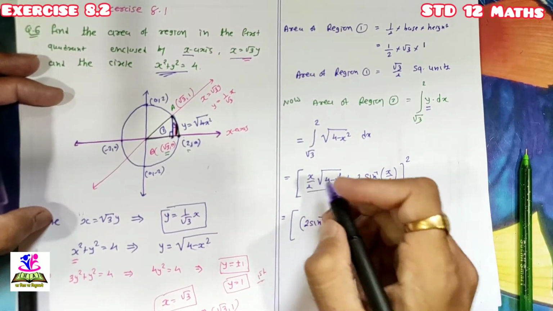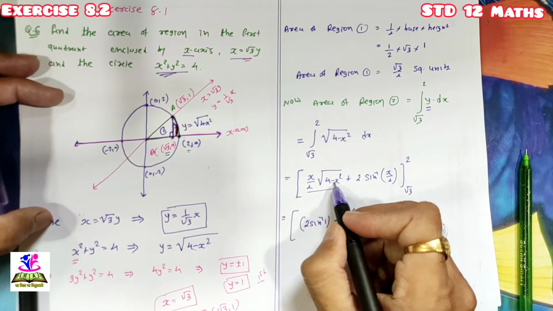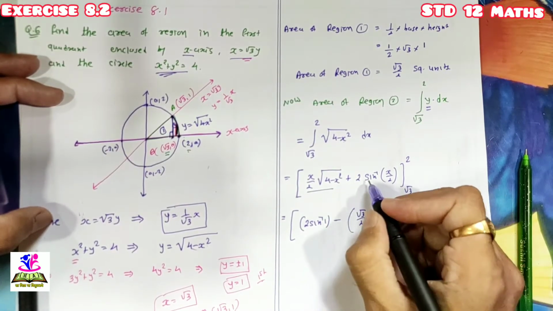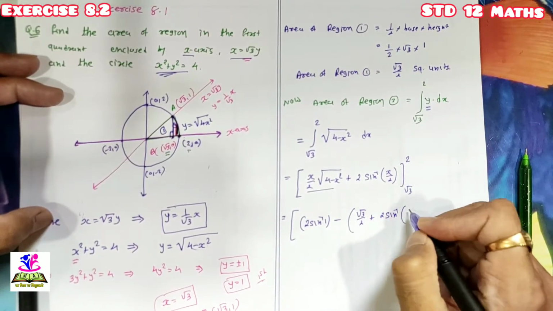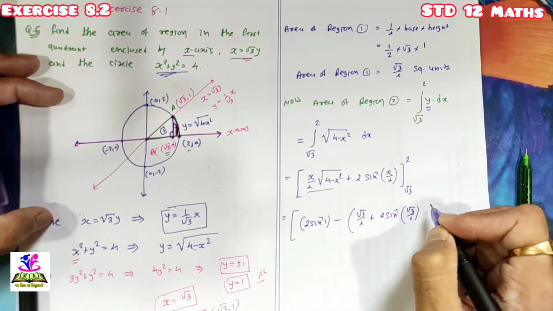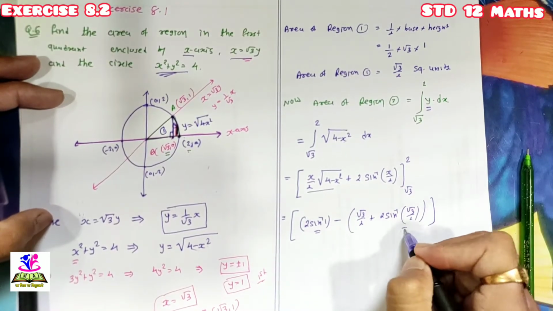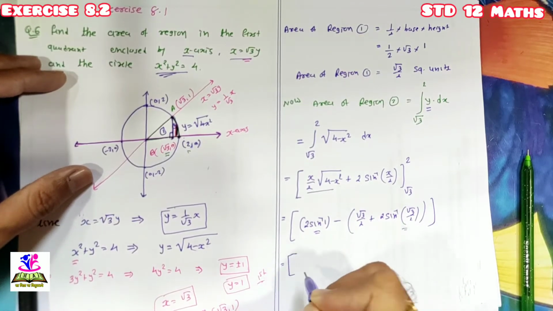So it's √3 by 2 times square root of 4 minus √3 square, so 4 minus 3 is 1, plus 2 sine inverse of √3 by 2. Done. Now sine inverse 1 and sine inverse √3 by 2. What is the value of sine inverse 1?